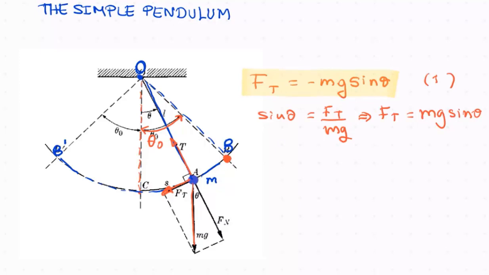This is the second Newton law, the next equation. We know that the second Newton law says force is equal to the mass multiplying acceleration. The particle is moving along the path where the tangential force is acting, so the acceleration is the tangential acceleration related with that force.